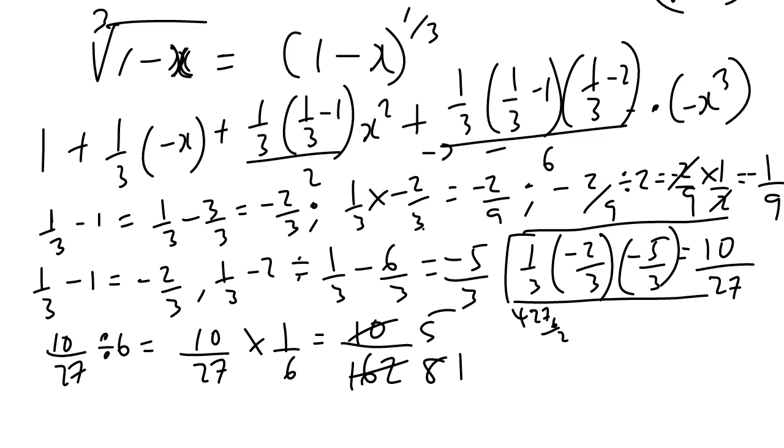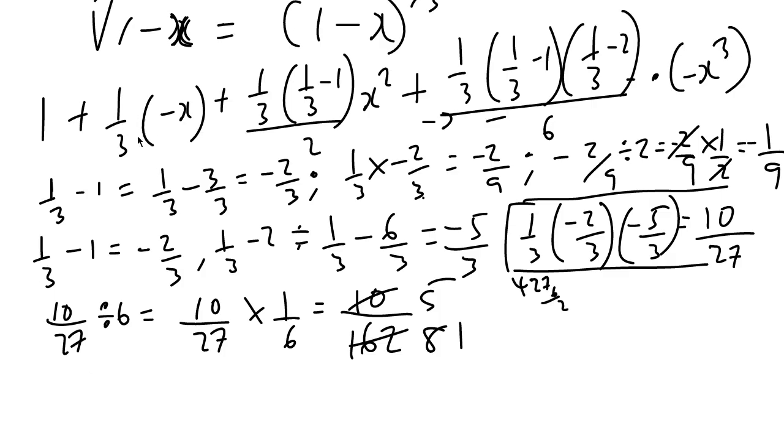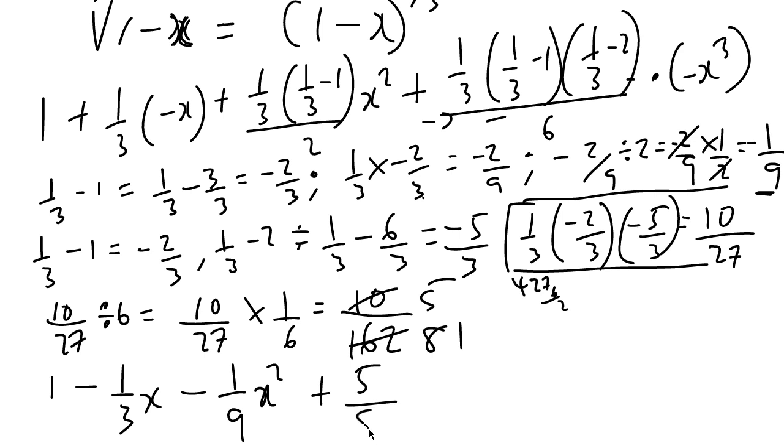What's our final answer? It's going to be 1 over 3 times negative x, which is negative 1 over 3 x. So that's 1 negative 1 over 3 x. We've simplified the second term and we got negative 1 over 9 x squared, and then positive 5 over 81 x cubed.